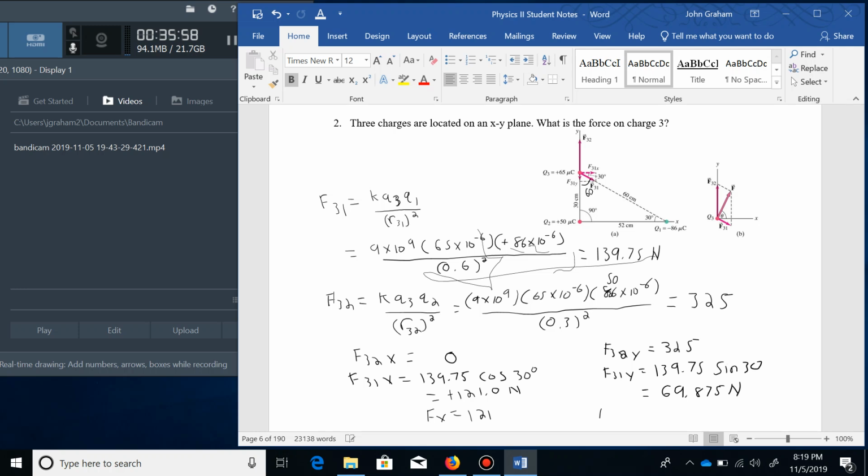F of y is going to be a little different. They're countering each other. We have 325 up, and we have 69.875 down. So overall, we're going to have a force that's up, and we can see that. But we have to subtract them. So 325 minus 69.875 gives us 255.125.